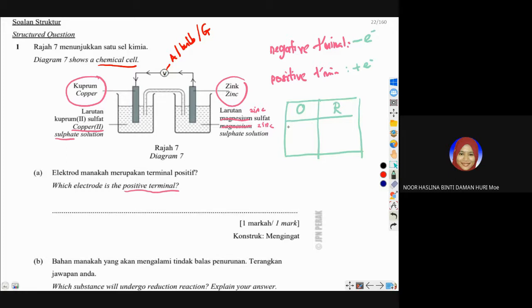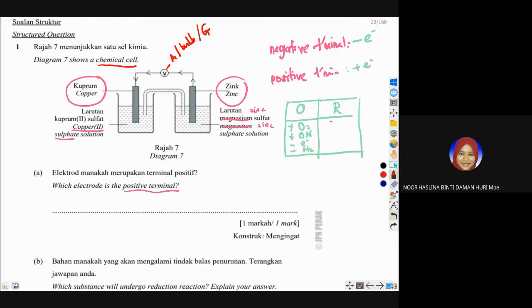Oxidation: add what? Add oxygen, and add the oxidation number. Loss or release of electrons, release of hydrogen. For reduction, it is the opposite of oxidation.